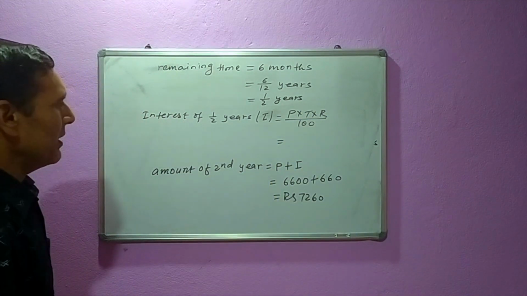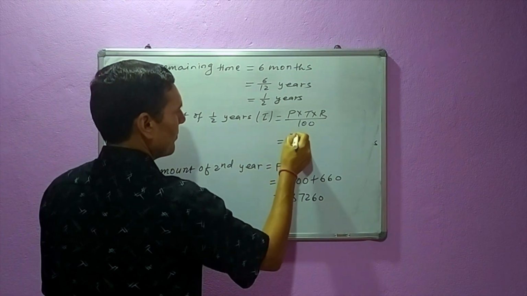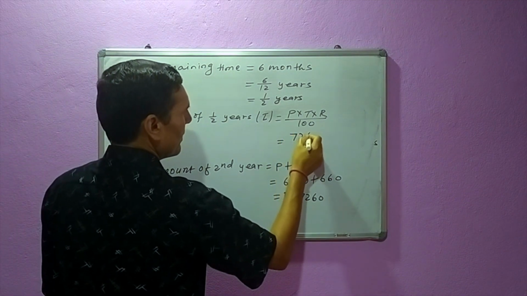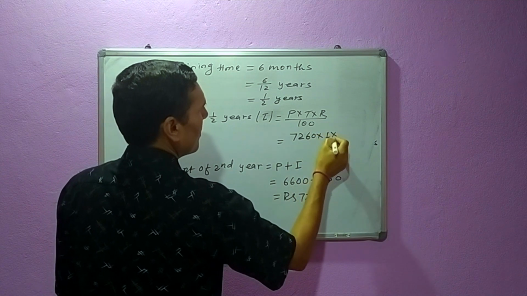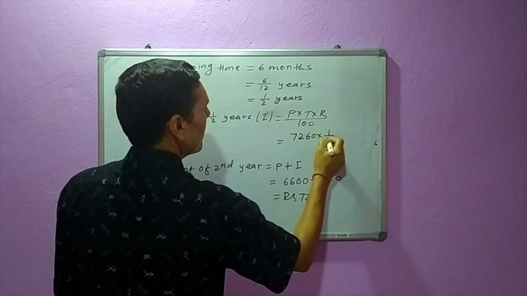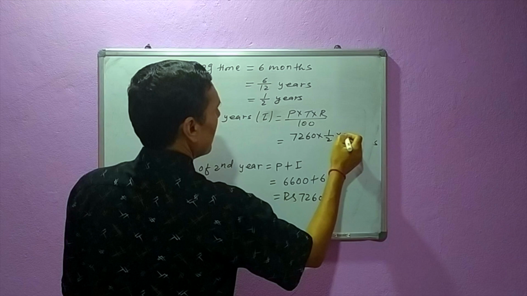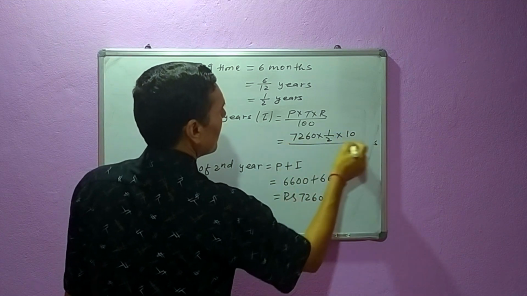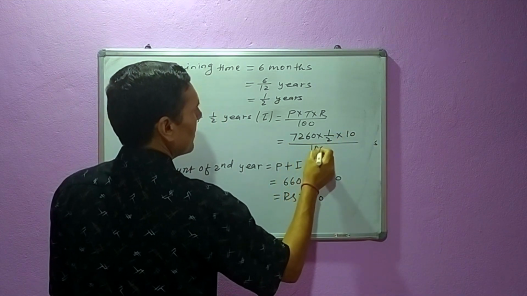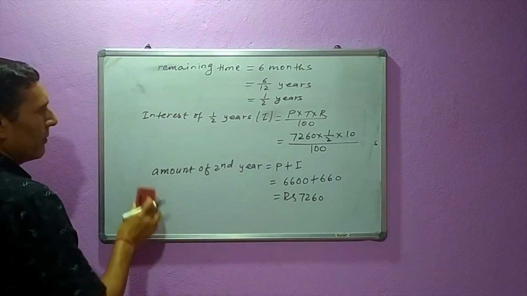So this time we have principal 7260 into T is 1 by 2 into R is 10 divided by 100.